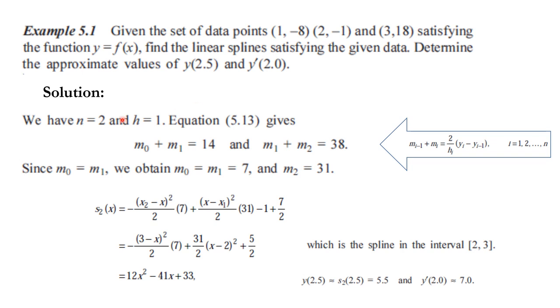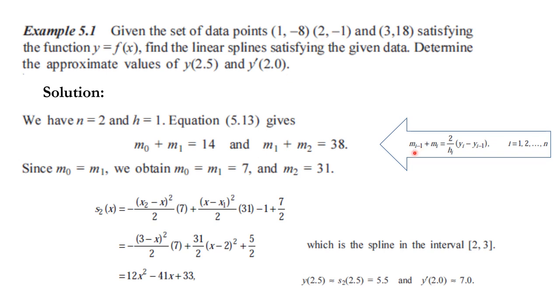So we have n equal to 2, meaning the points are i equal to 0, 1, to n. Meaning there are 3 points and the spacing is 1. Spacing between each interval is 1: 2 minus 1 is 1, 3 minus 2 is 1.